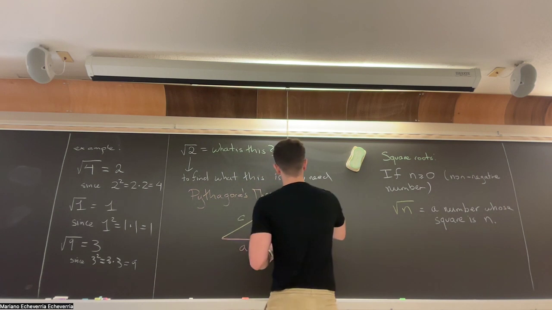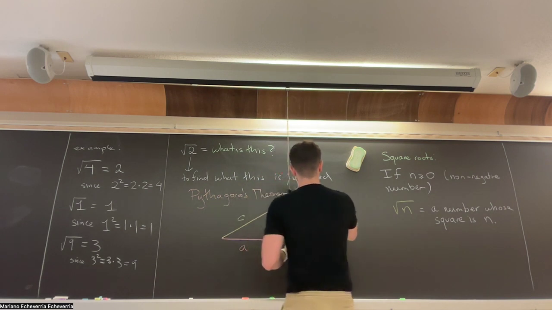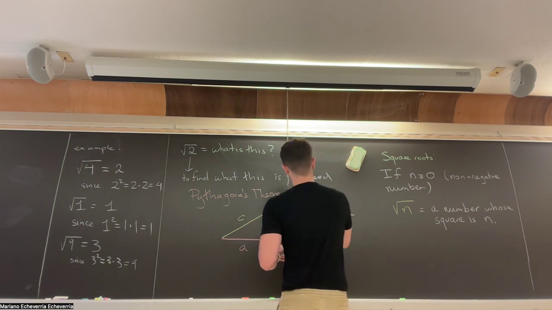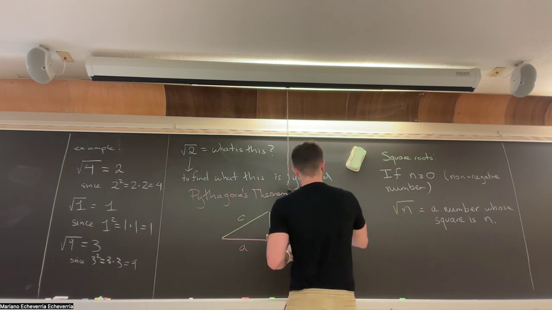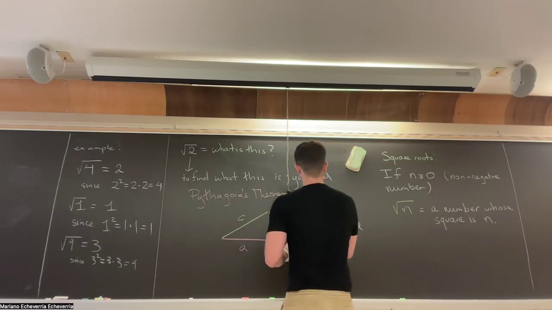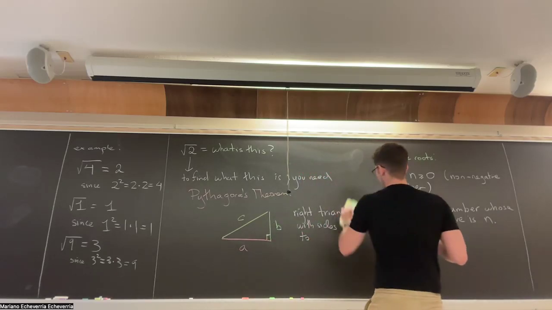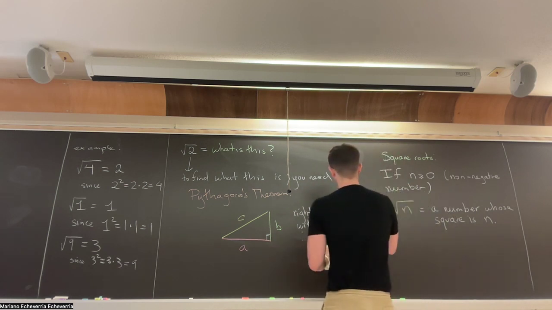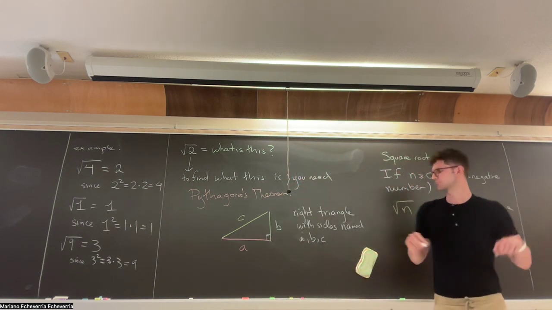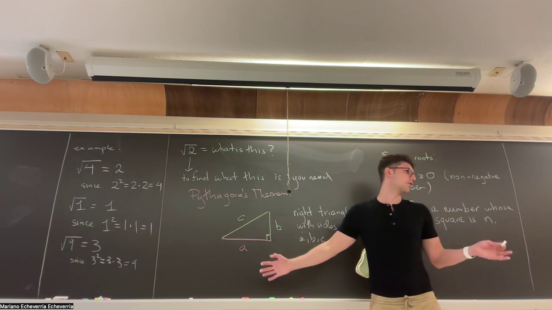So this is a right triangle, with sides labeled, named ABC. It doesn't really matter how you're calling them.